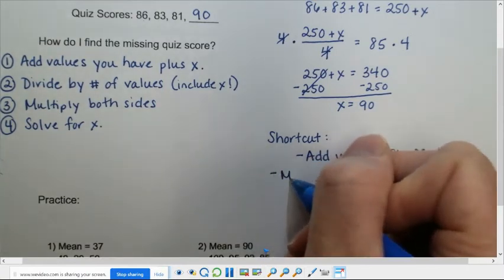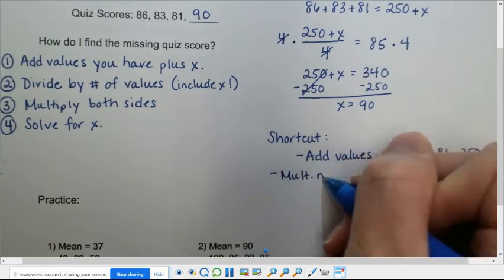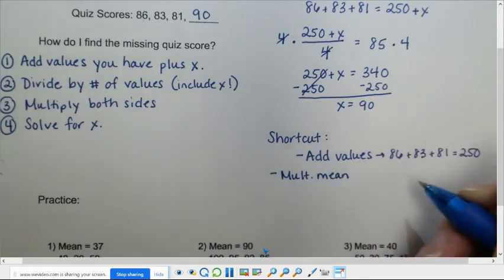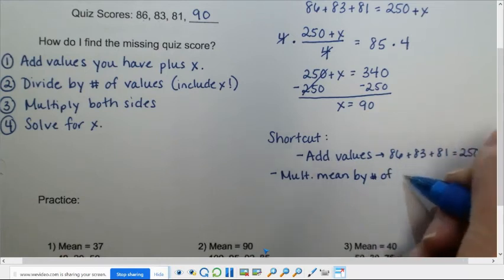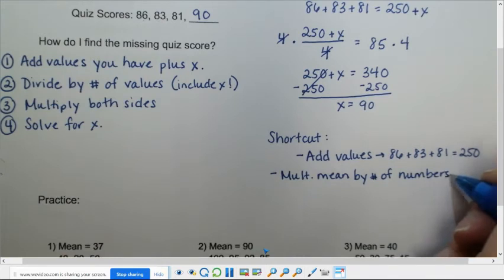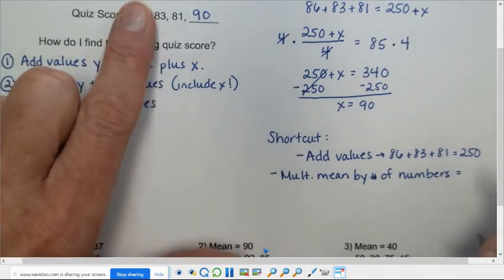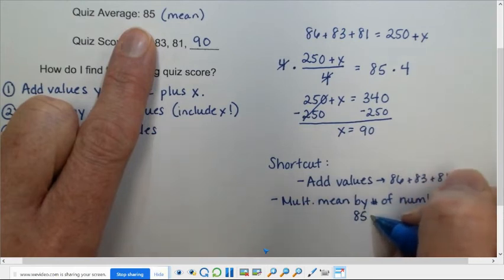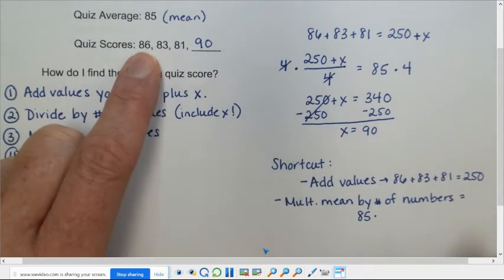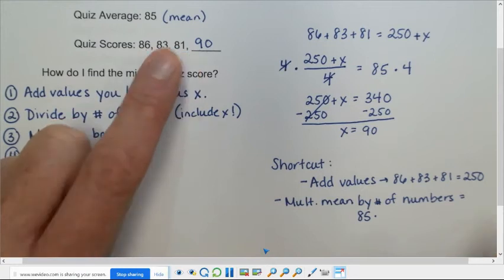Then I'm going to multiply my mean by the number of numbers. My mean, they tell me up here, is 85, and the number of numbers I have for my data is 4.